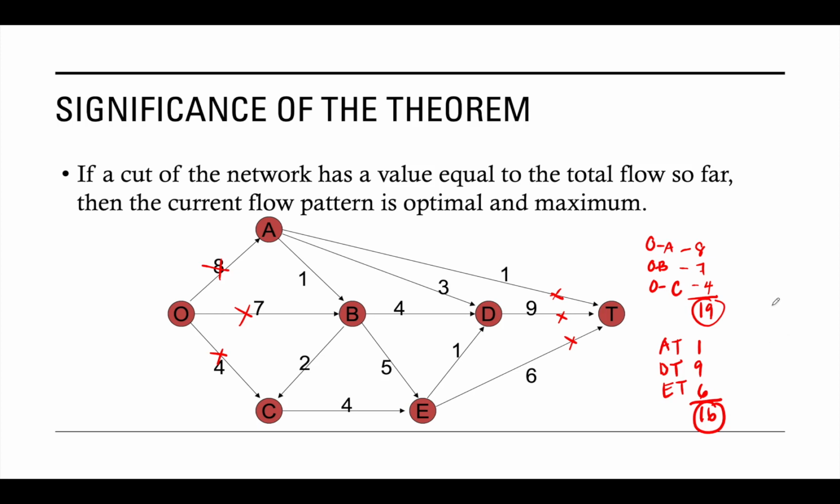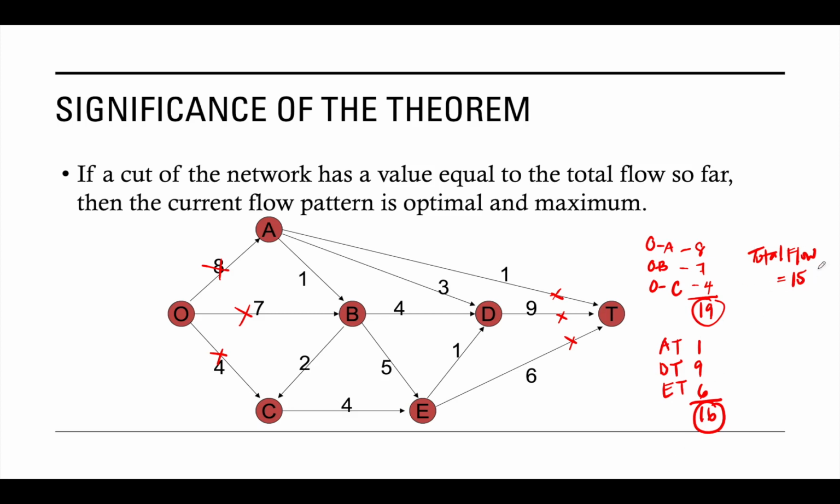Why is it important to find that cut value of 15? Remember, our total flow right now is equal to 15. And let us say, after looking for the different cuts in the graph, so far the minimum cut you found is 16. So what does that mean? Does it mean this is wrong, or does it mean this is wrong? Unfortunately, the max flow min cut theorem will not be able to tell us which part of the analysis is wrong.